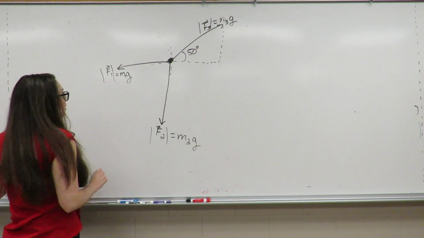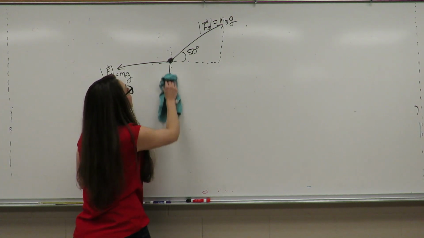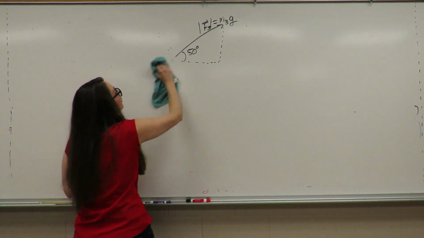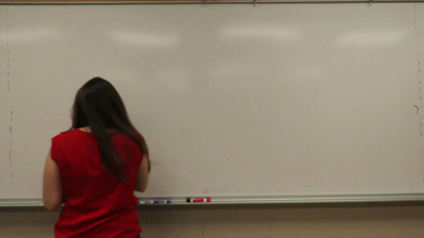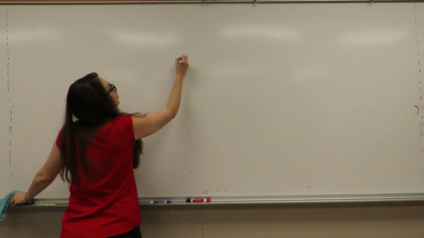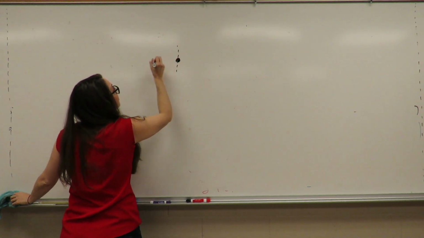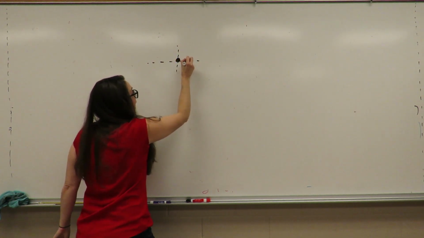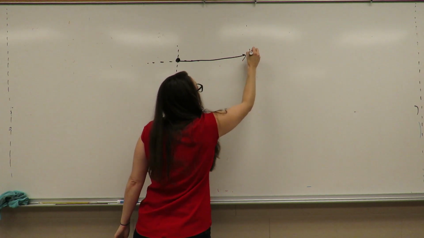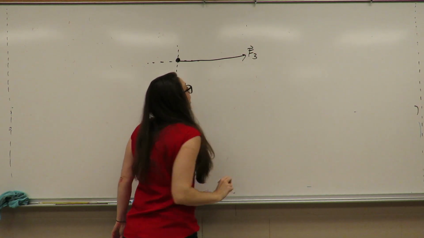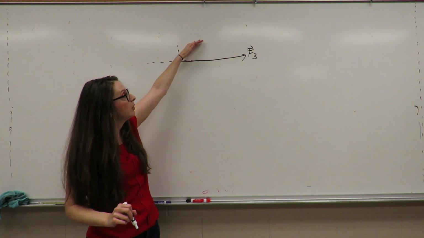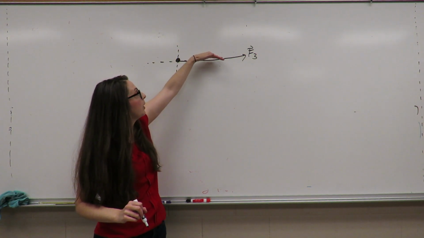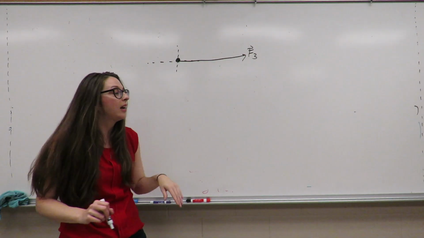So if you do that, I'll go ahead and kind of draw what that should look like. You should find we're going to now place F3 along the positive x-axis. It was sitting at 50 degrees. We subtracted 50 degrees from that angle, and so it's now lying along the positive x-axis.